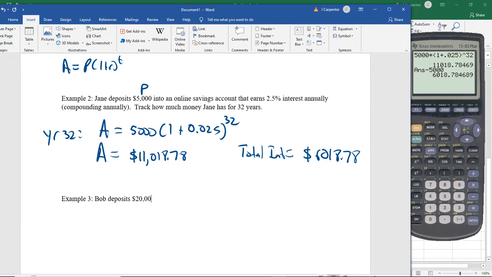Let's do 20,000 to a mutual fund that earns 7% APR, compounding annual. Track how much Bob's going to have after, or for a total of, let's see, 25, let's do 40 years.